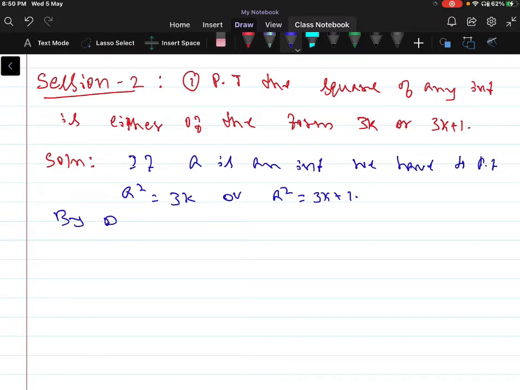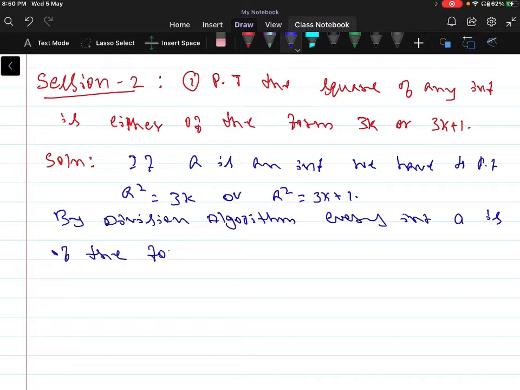By division algorithm, every integer a is of the form 3q or 3q plus 1 or 3q plus 2.